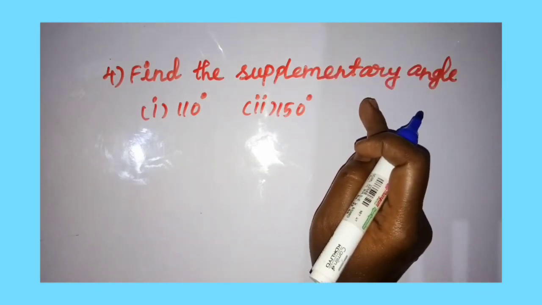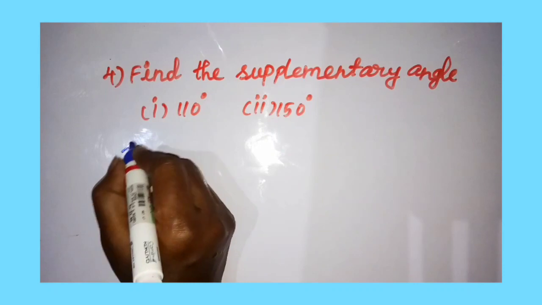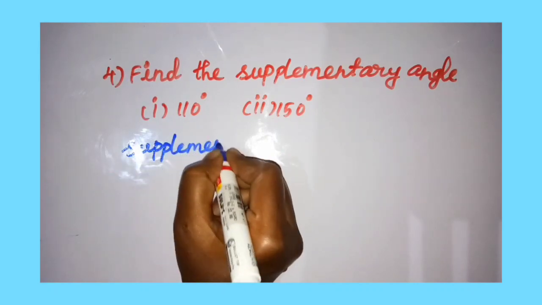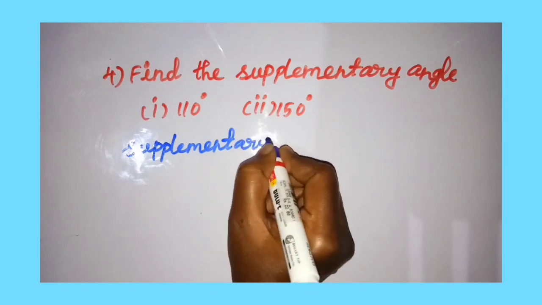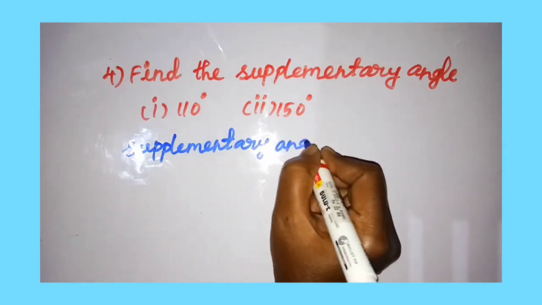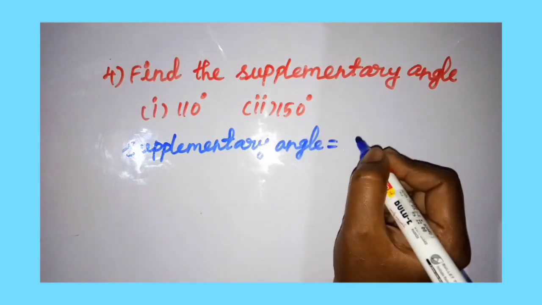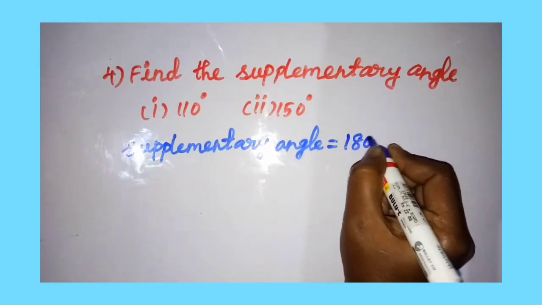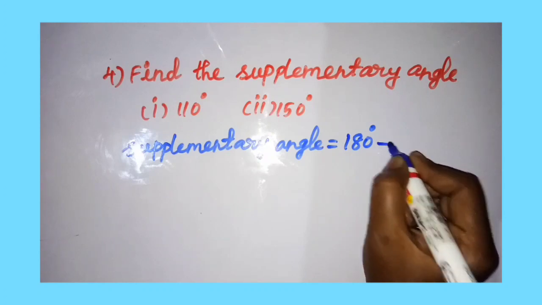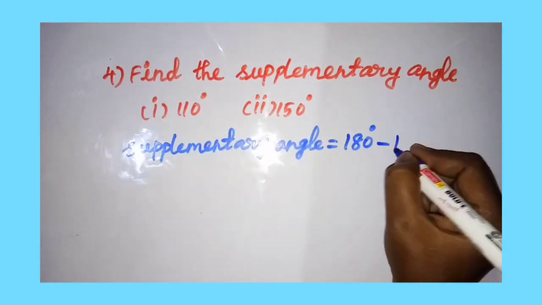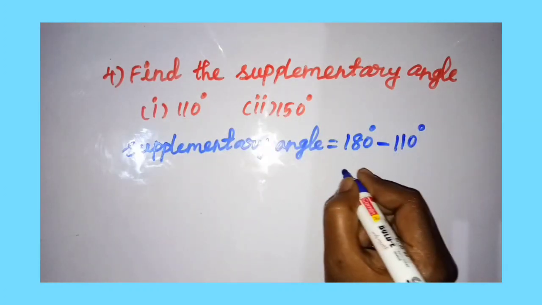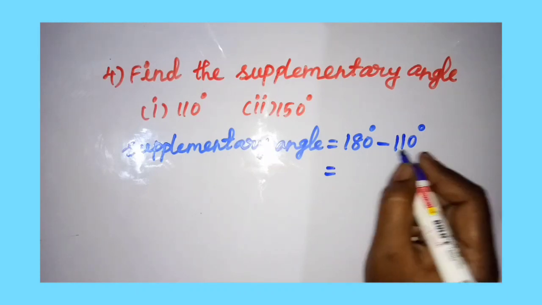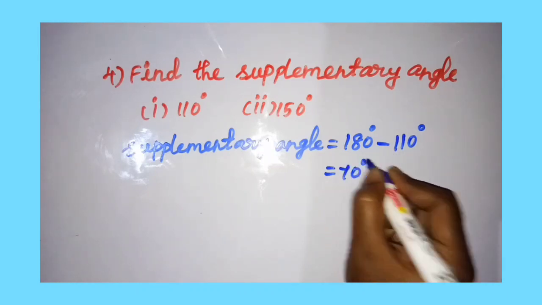What is the supplementary angle value? Supplementary angle value is 180 degree. So 180 degree minus the given value 110 degree. Now subtract, 180 minus 110 means we get 70 degree.